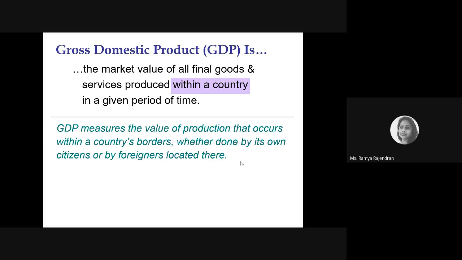Whereas if we import HUL products from a different country, that will not be added. Even though a foreigner comes and manufactures here, it will add to our GDP, even if you export that. Yes, we'll be looking into that in a later slide.